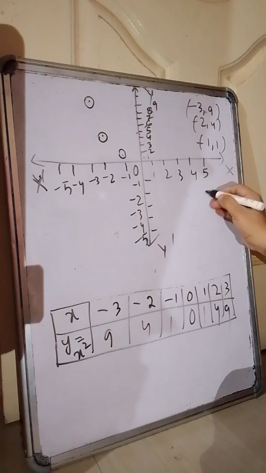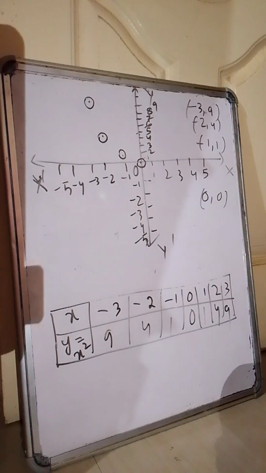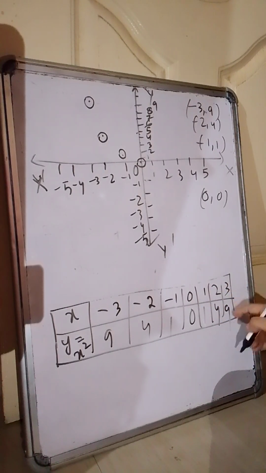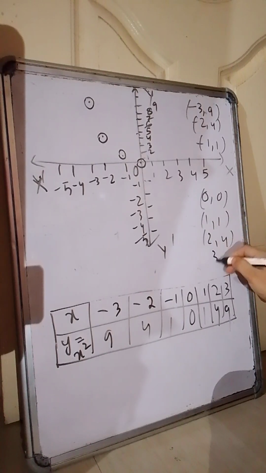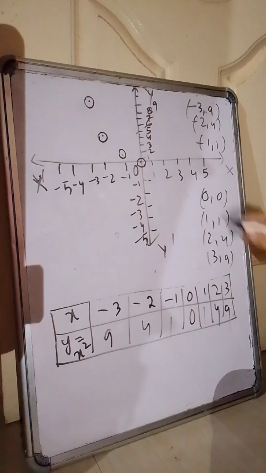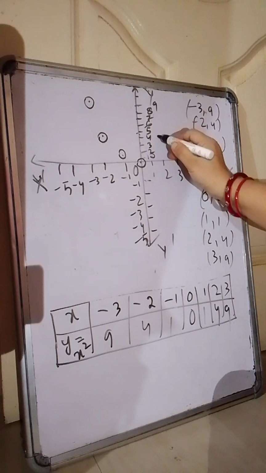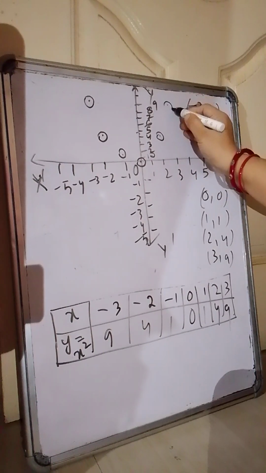Then 0, 0, next point is 0, 0, so this is your origin. Next is 1, 1, 2, 4, 3, 9. So 1, 1, 2, 4, then 3, 9.